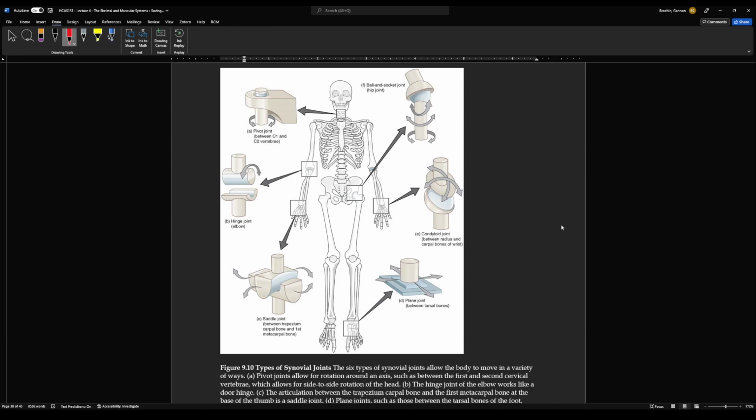You see these in the carpals and tarsals, and those joints slightly move on one another. They don't provide a ton of motion, but they allow the ability, especially in the feet and hands, to kind of contour those things, especially in the feet, very important for our ability to walk on uneven surfaces, as an example. If our entire ankle was very rigid, we would have issues walking on anything that wasn't flat.